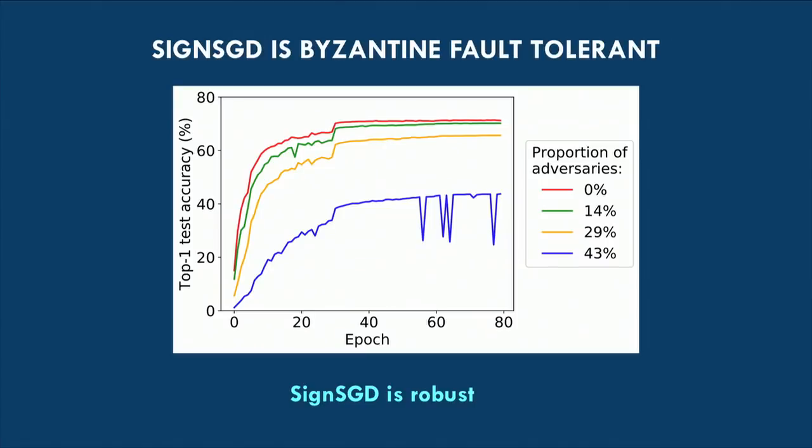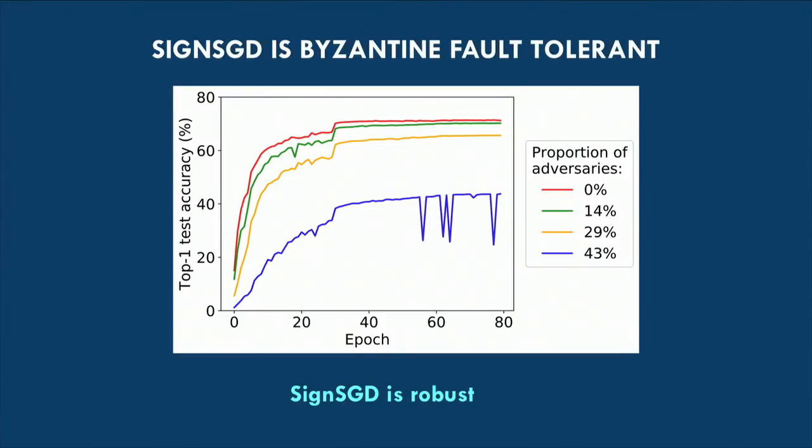Intuitively, if you're doing just stochastic gradient descent, one machine or one processor can have a large influence, and hence, if it is adversarial, it can really mess up the results. But if you're only sending the sign, that's not possible. With our analysis, what we show is it's possible to be as much as 49% Byzantine fault tolerant.